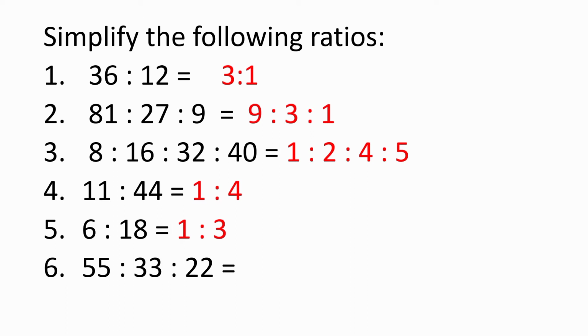Let's check. So we have 5 is to 3 is to 2. What number do we divide to each number? It's 11. So 55 divided by 11 is equal to 5, 33 divided by 11 is 3, and 22 divided by 11 is equal to 2. So I hope you already recall how to simplify ratios.